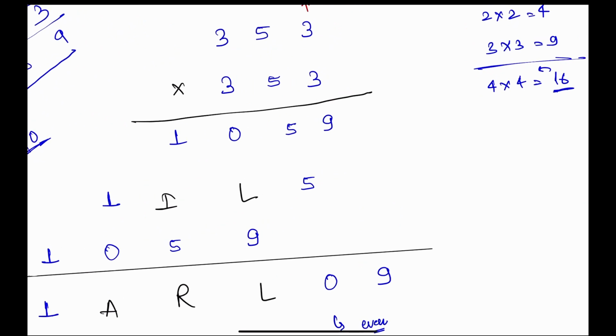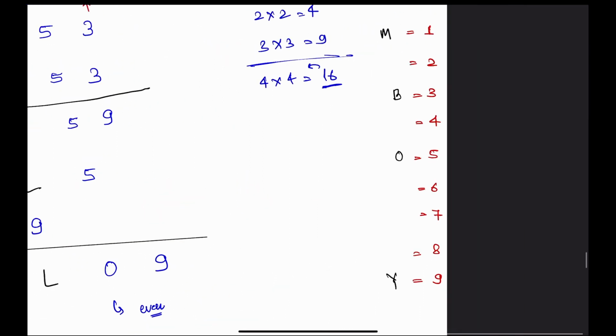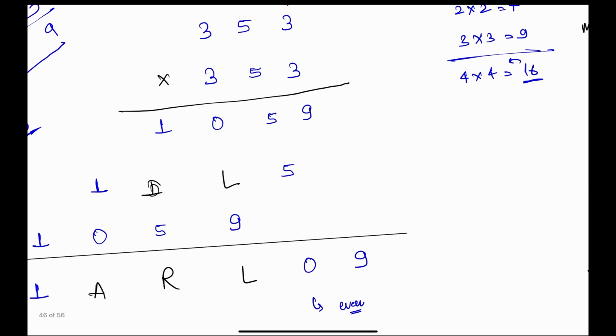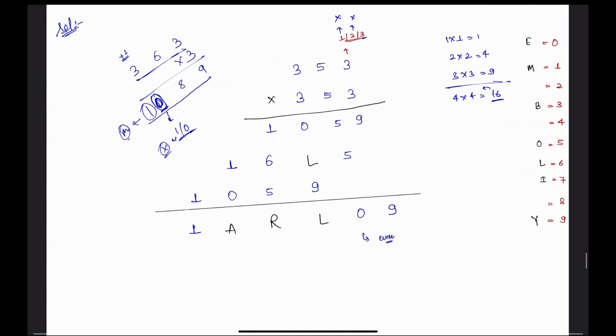So let's take 5 into 3 is 15, carry 1, 5 into 5 is 25, plus 1 is 26, carry 2, 5 3 is 15, plus 2 is 17. So I is 7, L is 6.